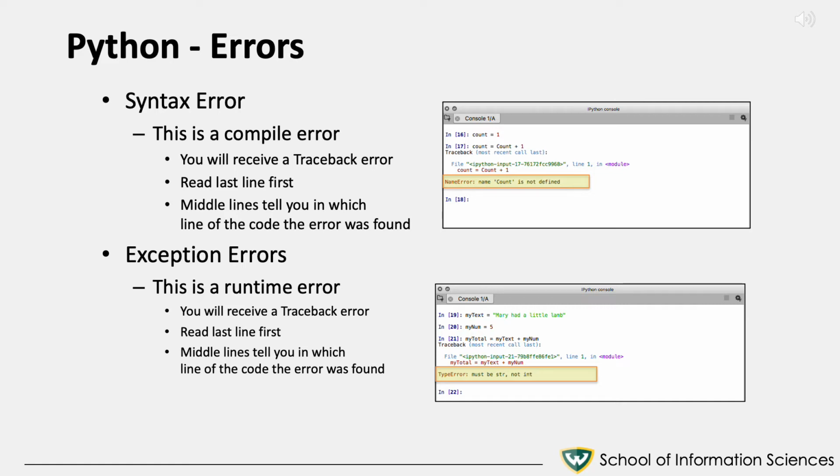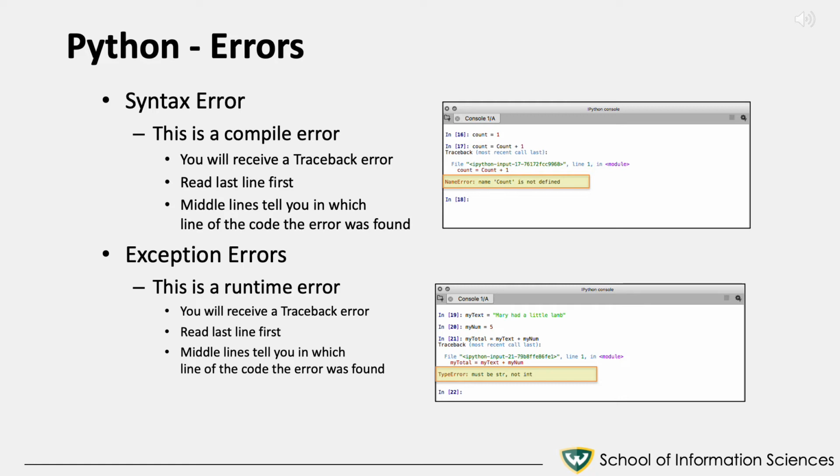Now, what does this mean? If you remember from a couple slides ago, what does str stand for? Yes, string. Not int. What's int? Integer. So, I assigned the variable my text a string, Mary had a little lamb, because it's in quotes. I assigned my num 5. 5 only, not 5.0, but 5, which is an integer.